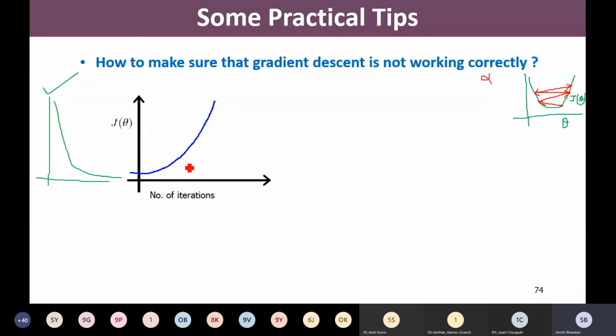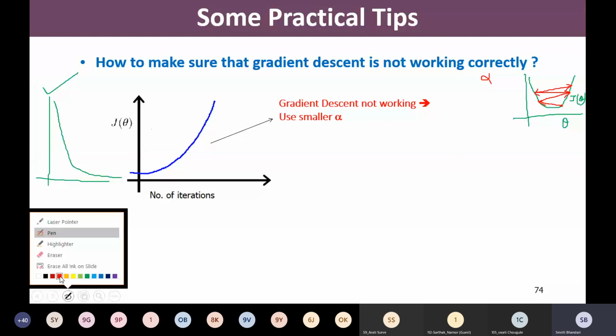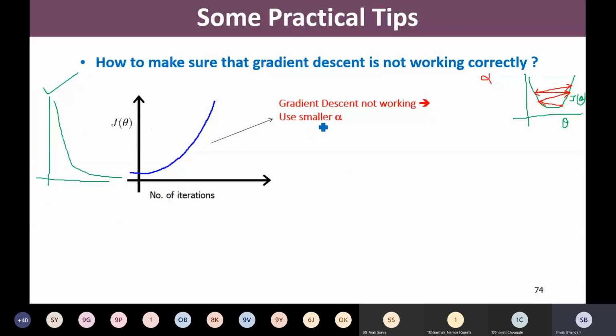So my J of theta is increasing with respect to the number of iterations. Obviously what needs to be done is we need to reduce the value of our learning rate alpha. So we need to consider a smaller alpha and once again perform our gradient descent.